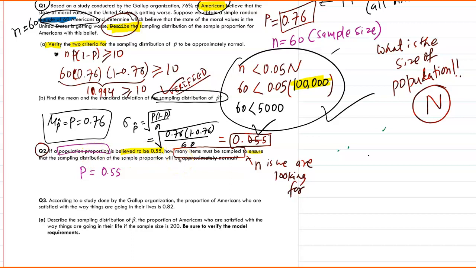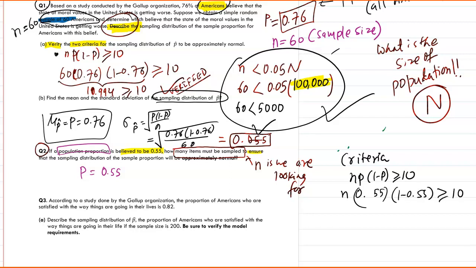Therefore, remember the first criteria: np(1 minus p) is greater than or equal to 10. This criteria must be satisfied with n and p. Therefore, let's put in the value of p and solve for n. n we don't know, p is 0.55, 1 minus 0.55 greater than or equal to 10.